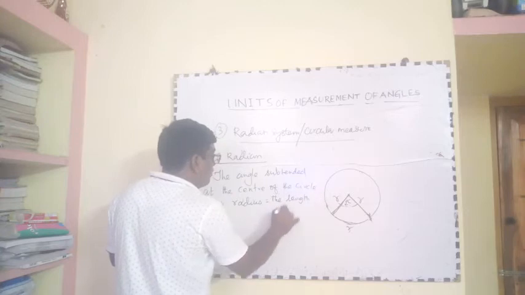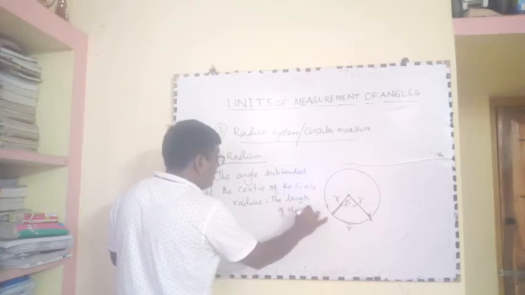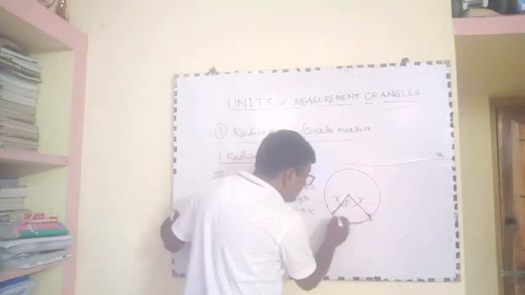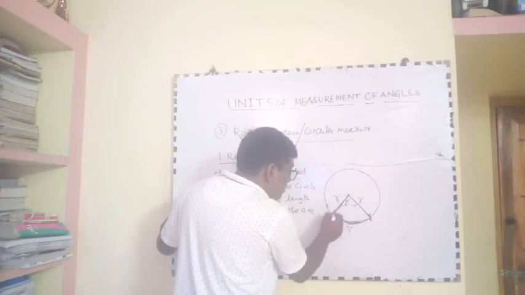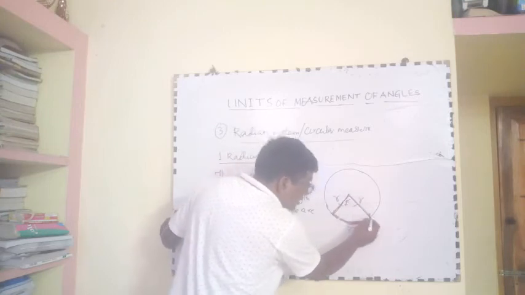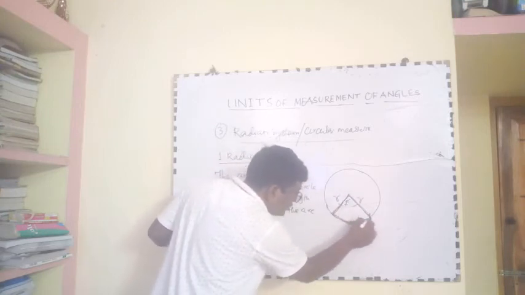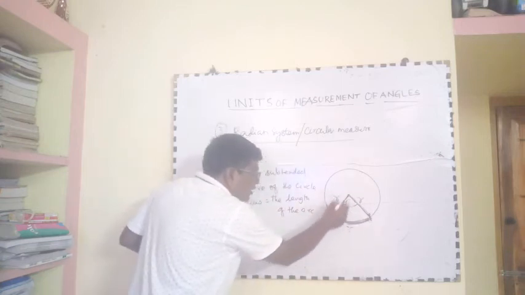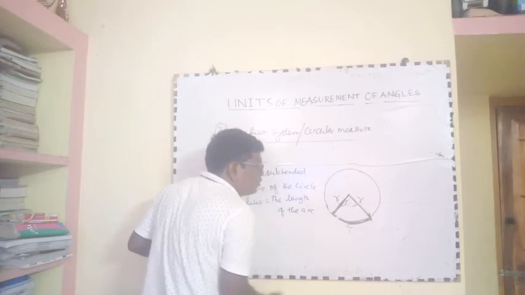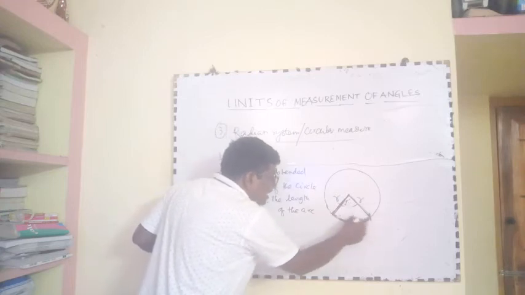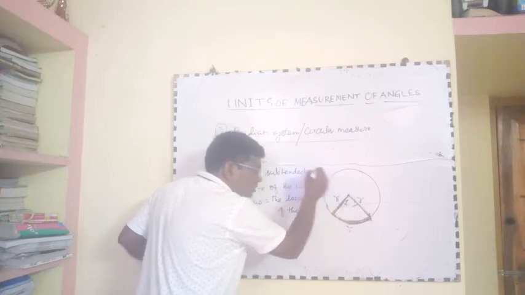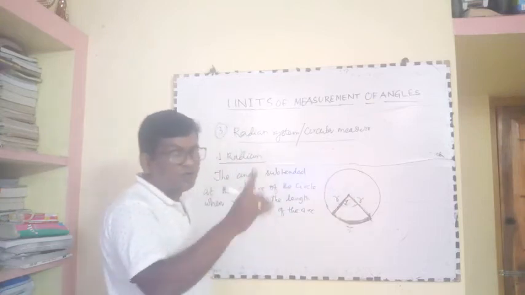What is arc? This is the radius, and this portion is called the arc. If the length of the radius is equal to the length of the arc, then the angle subtended at the center of the circle is called 1 radian.